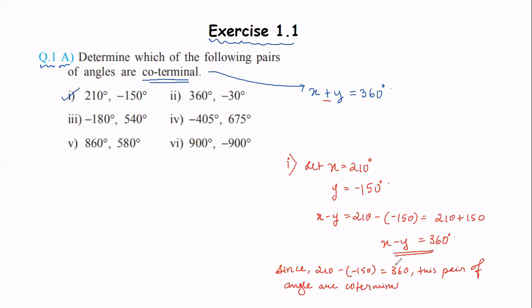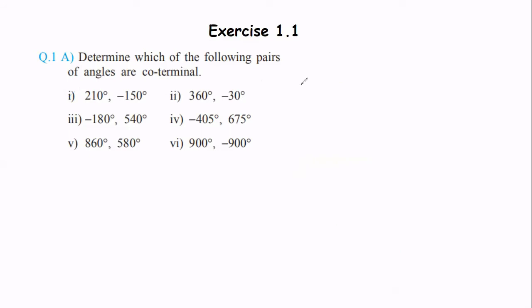Moving on to the second one. Let x is equal to 360 degrees and y is equal to minus 30 degrees. Similarly, we will subtract them. x minus y is equal to 360 minus of minus 30. That will give you 360 plus 30, which is equal to 390.